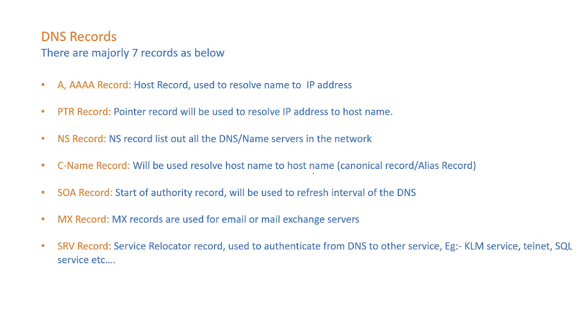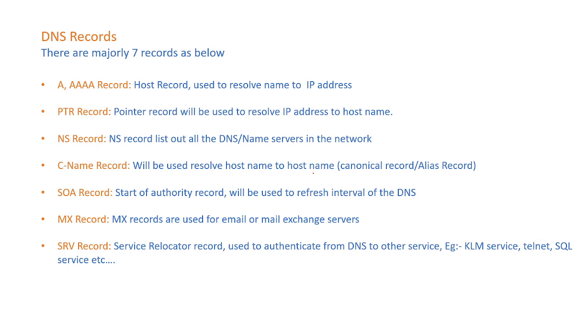We have a service called KMS, Key Management Service. If the KMS service is available, it will create an SRV record for that and broadcast it among the network. As soon as we install the operating system, the computer will detect this KMS service with the help of the SRV record, talk to it, get the license and activate on its own. That is an example for an SRV record.